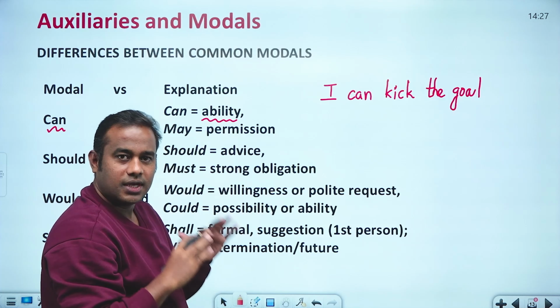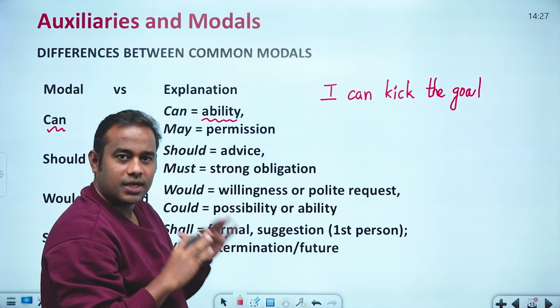Basically, these auxiliaries can also be called primary verbs. Auxiliary verbs here are basic, and they can be categorized into three things: be verb, have verb, and do verb. There are three varieties.